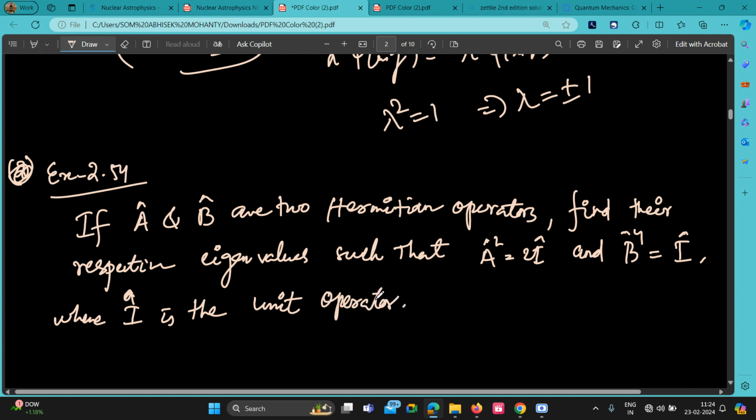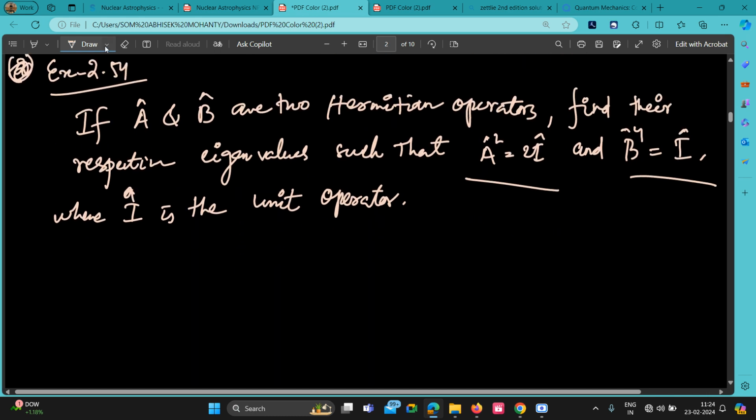Is it alright? If A and B are two Hermitian operators, find their respective eigenvalues so that A square is equal to 2I and B fourth is equal to I. So this is given. Okay, so we have to find the respective eigenvalues. Let's try this question first.